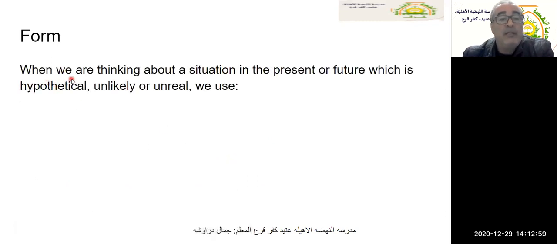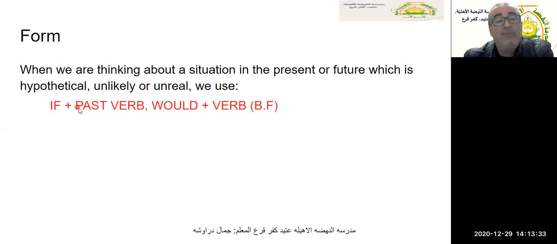We use the second conditional when we are thinking about a situation in the present or future, which is hypothetical, unlikely or unreal. Again, I wrote this to make sure that you understand how and when we use it. So again, we use if plus past verb, would plus base form of the verb.